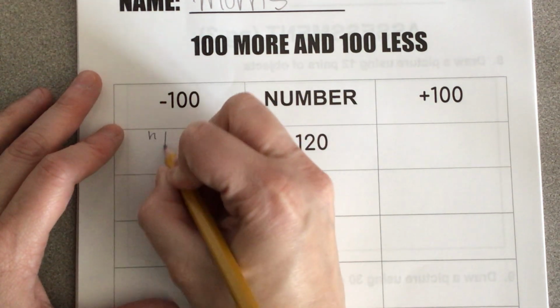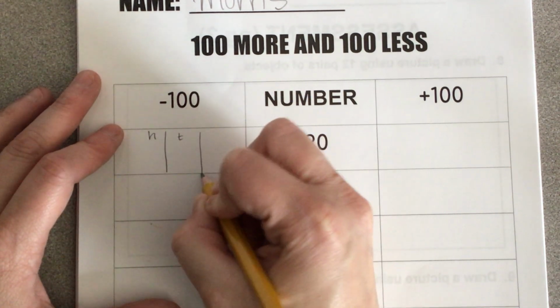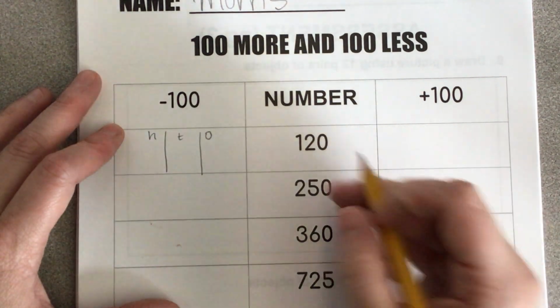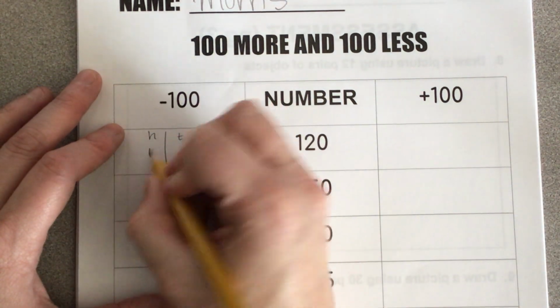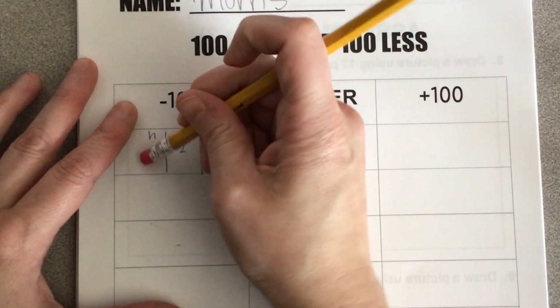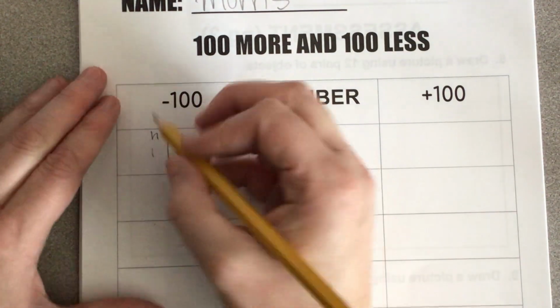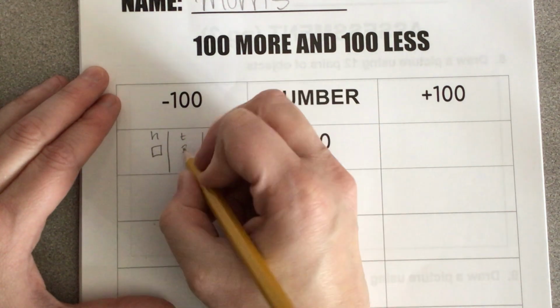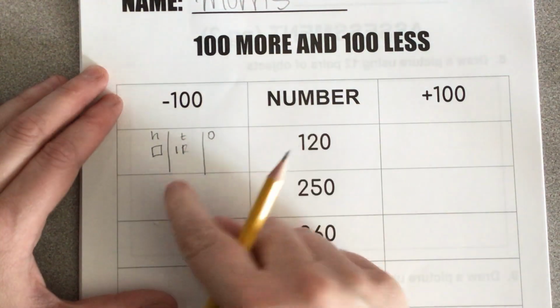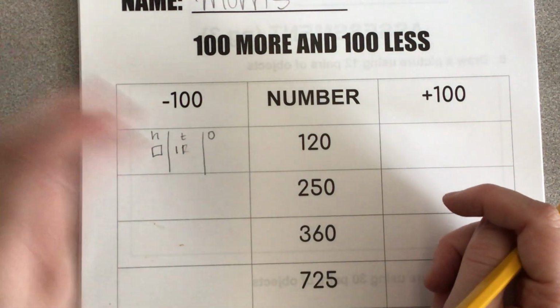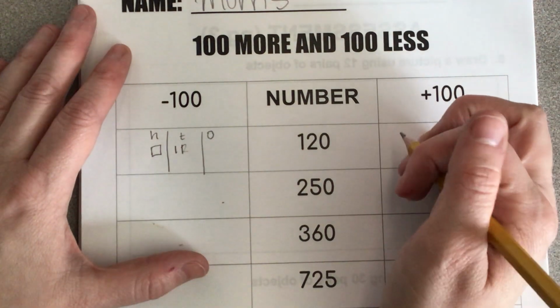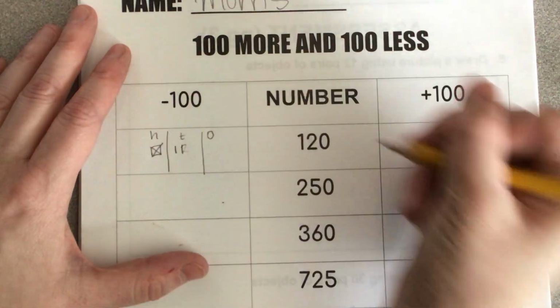So I'm going to draw my place value chart. Okay, and then I'm going to draw 120. I'm going to draw 100, 2 tens, and then 0 ones. So I'm going to leave that blank. Okay, then I'm going to get rid of that 100, cross it out.